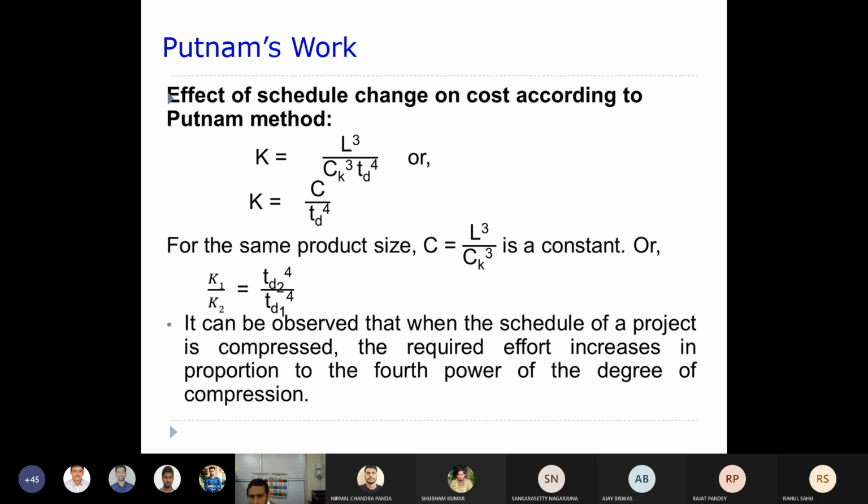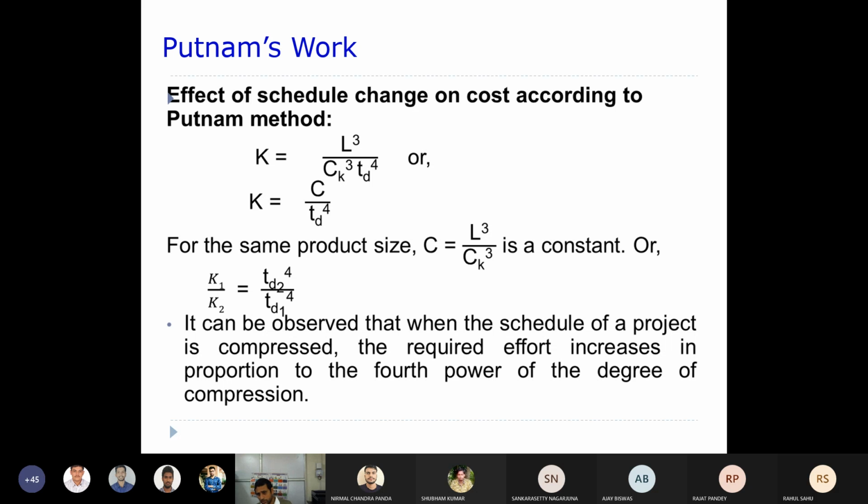Let's assume that we have a similar sort of product, the same product size. Then this value will definitely be constant. Software product A has 1000 lines of code, and software product B also has 1000 lines of code.